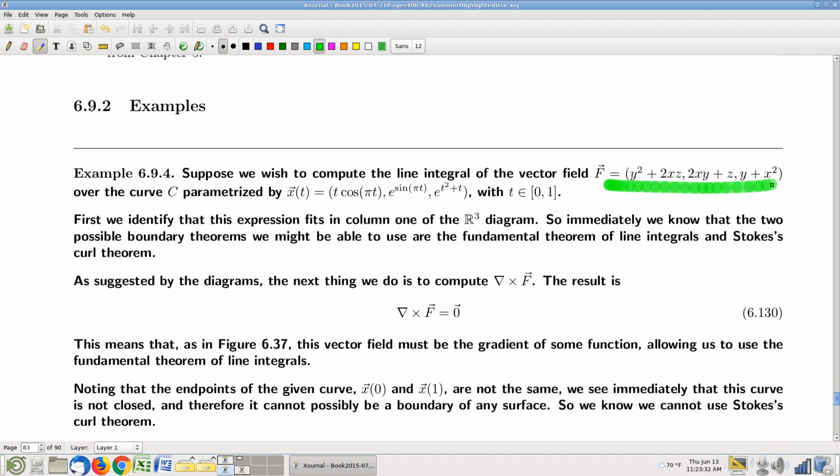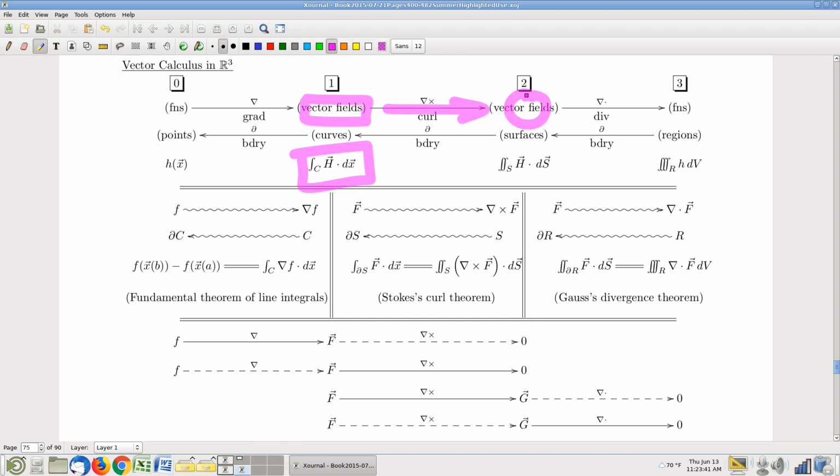Take this vector field, compute the curl, and you get 0. So because I get 0, there is an anti-gradient. I can use the fundamental theorem of line integrals. I can also use path independence if I want to, but let's call that plan B. If the fundamental theorem of line integrals works out reasonably, then it's easier.